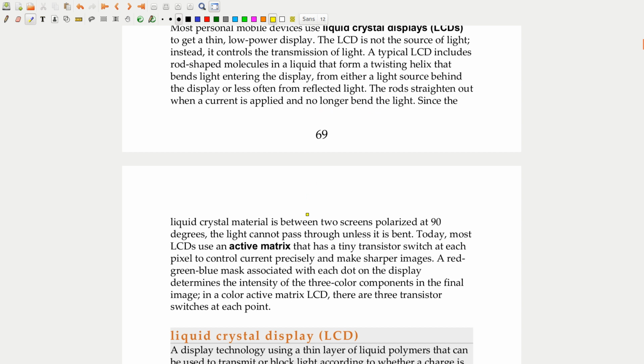Since the liquid crystal material is between 2 screens polarized at 90 degrees, light cannot pass unless it's bent. Today, most LCDs use active matrix that has a tiny transistor switch at each pixel to control current precisely. Okay. So now that we know that each pixel is controlled by a single transistor, it's fairly interesting, but we're architects. Unless you want to design LCD displays, this isn't particularly interesting.